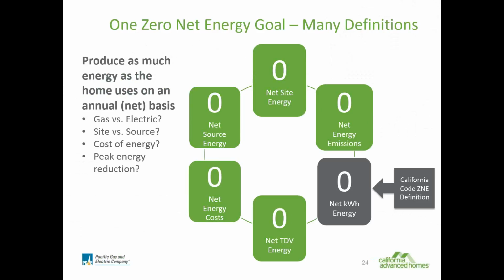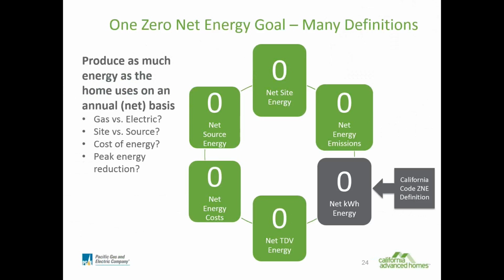It's also excluding TDV, and now it's just site kilowatt hours, which again means the PV requirement on the rooftop generally should go down. So this is kind of the smallest version. From zero net TDV energy, you got rid of the gas, the PV got smaller. Now you got rid of the TDV, the PV got smaller. So it's different.